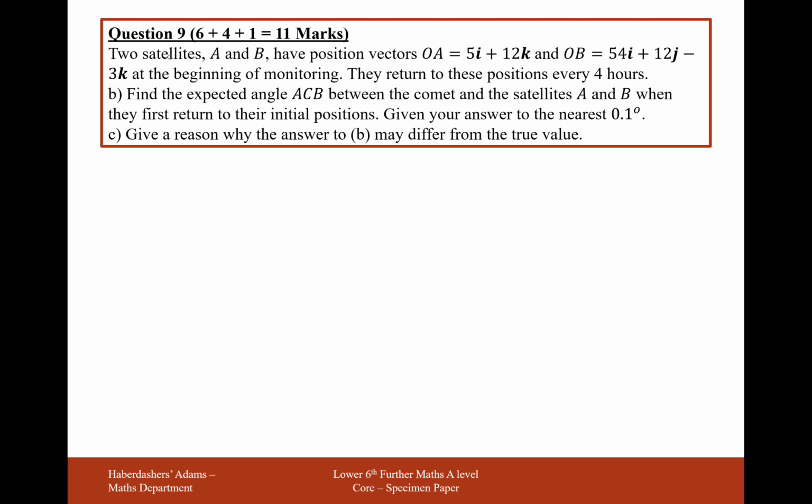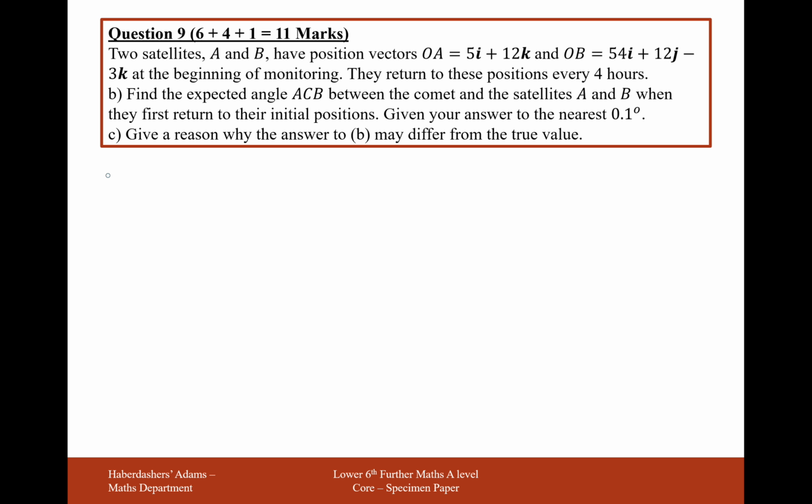Part 2: satellites A and B have positions OA and OB at the beginning of monitoring. They return to these positions every 4 hours. Find the expected angle ACB between the comet and satellites A and B when they first return to their initial positions.